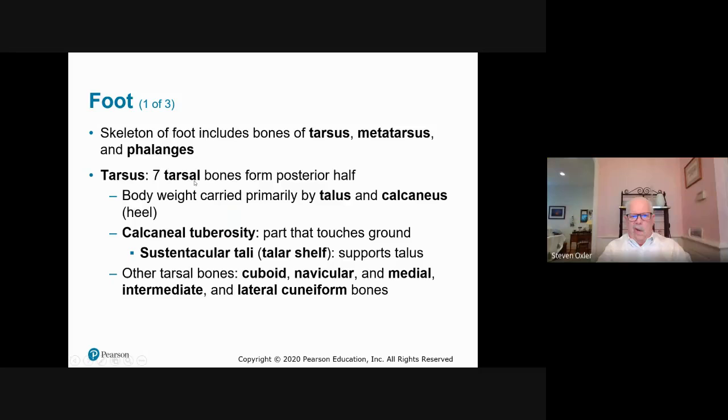And I want you to know that there are 2 weight-bearing bones in the ankle, and they are the talus, which is anterior, and the calcaneus, which is posterior. This calcaneus bone is your heel bone. So note that the ankle consists of an anterior bone, the talus, and a posterior bone, the calcaneus, otherwise known as your heel bone. You don't have to know the other tarsal bones. That's not important.